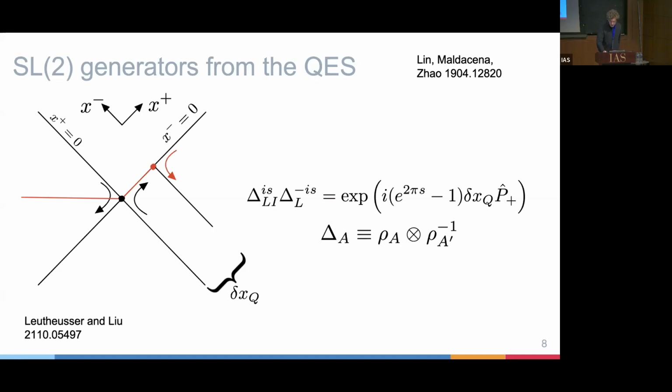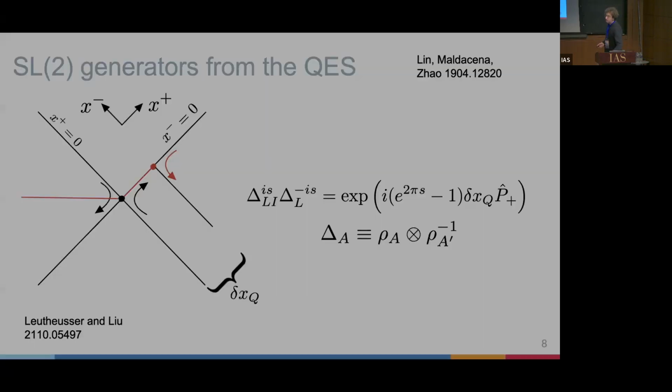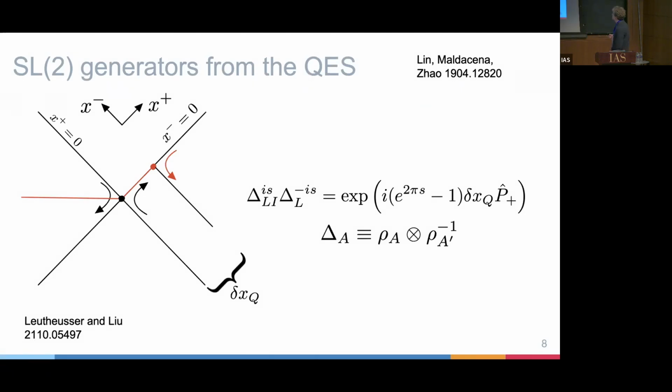Okay, so given this, yet another way of asking the question I'm interested in is what happens to this SL2R near horizon symmetry when you include stringy effects? Because the fact that the theory was maximally chaotic led to this approximate symmetry; we know from this work by Lin, Maldacena, and Zhao that this approximate SL2R symmetry is related to maximal chaos. Okay.